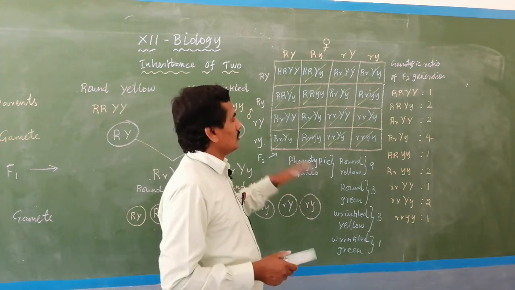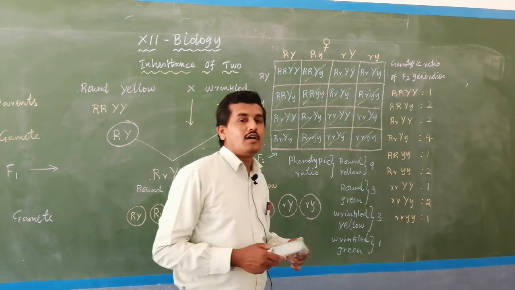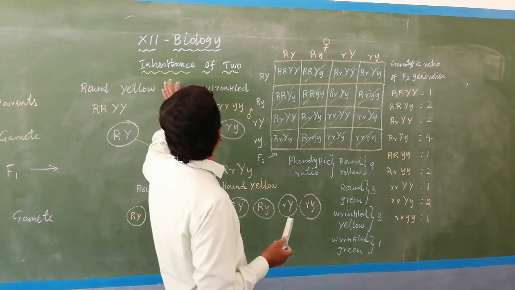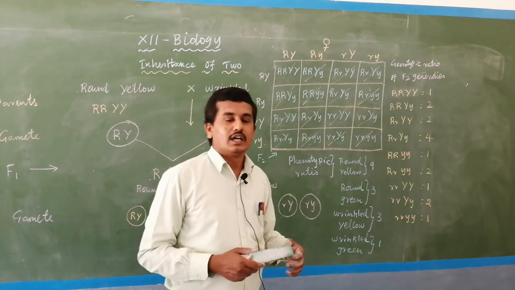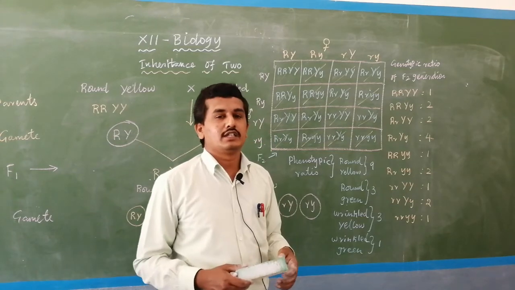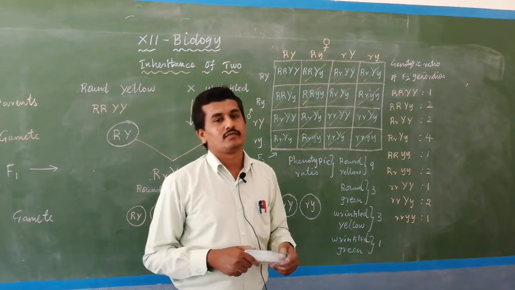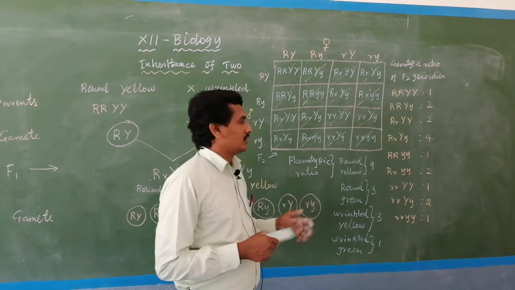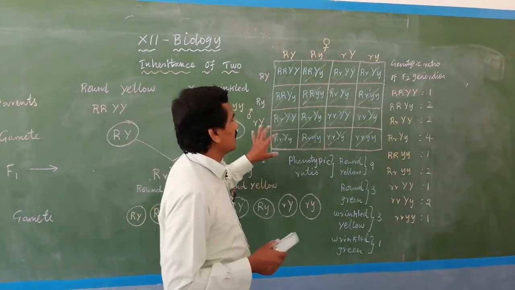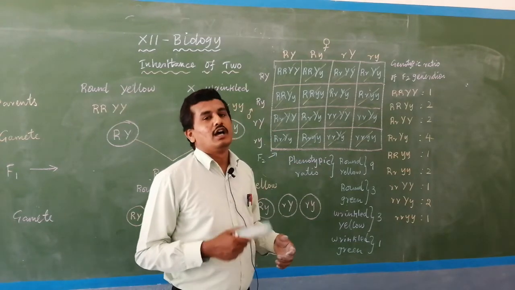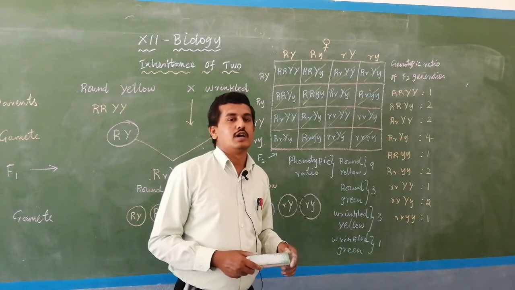Afterwards, you write the law of independent assortment, because due to the dihybrid cross, the inheritance of 2 genes, Gregor John Mendel formulated one law, that is the law of independent assortment. For a dihybrid cross question of 5 marks, the cross and the ratio are 3 marks, and the law explanation is 2 marks.